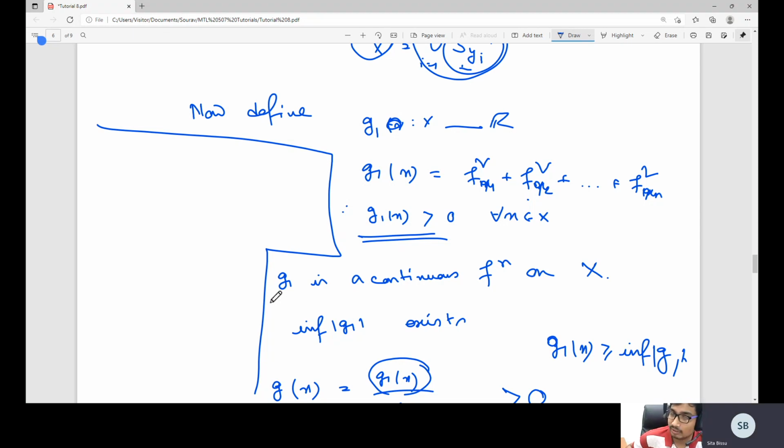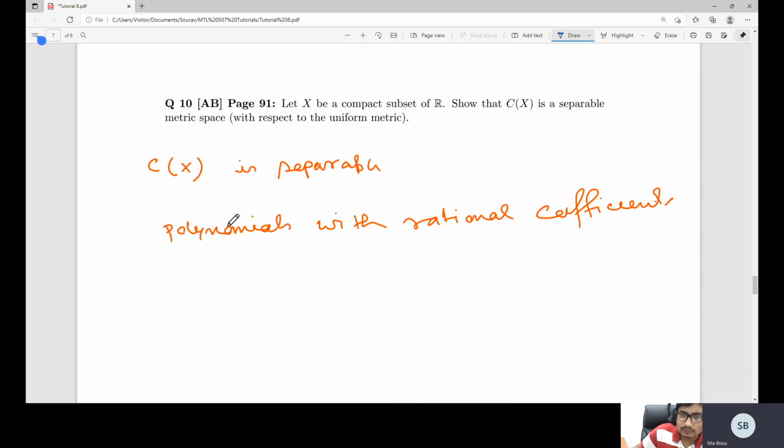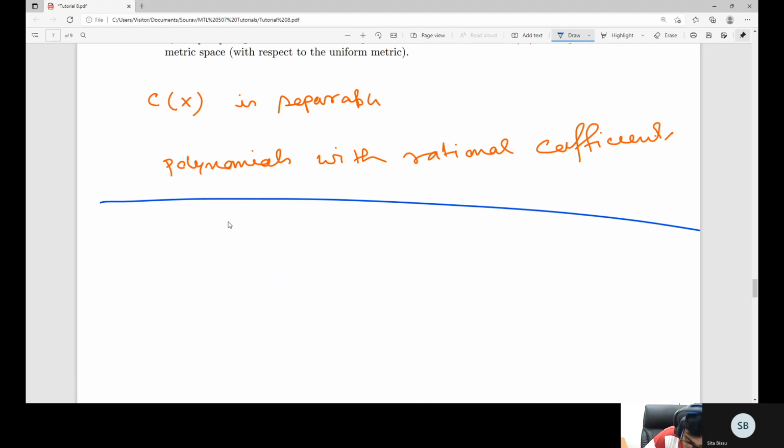Therefore, by Stone-Weierstrass theorem, A closure is dense in C(X). But A closure is closed, so the closure of A closure is A closure. So you will have C(X) equal to A closure. So now our aim is to prove that 1 belongs to A closure.